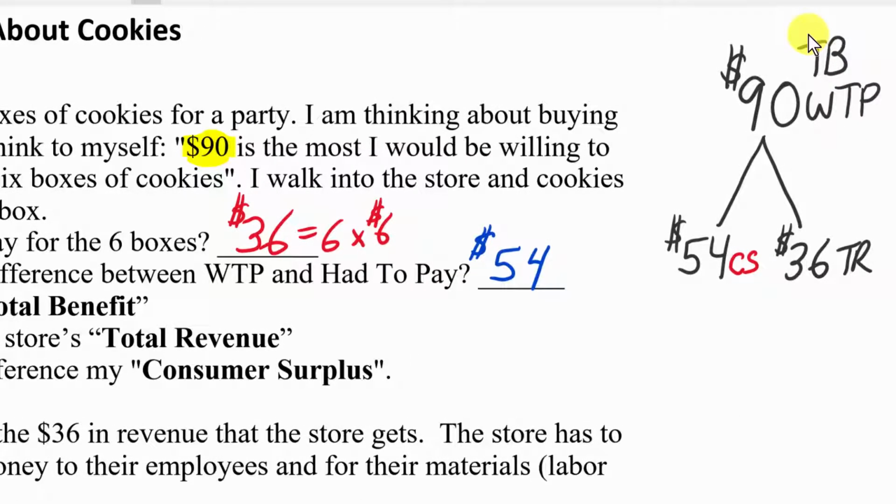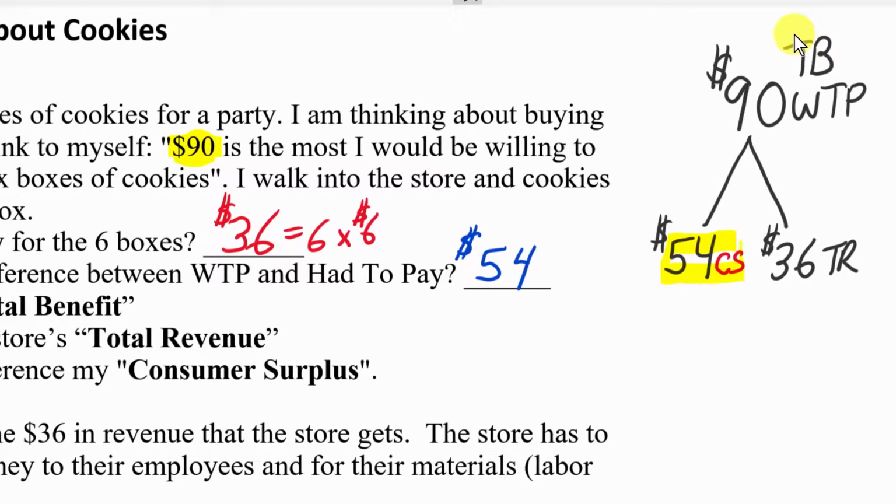And remember, that consumer surplus, all it means is the difference between what I was willing to pay and what I had to pay. It's important because if it goes up, if that amount in consumer surplus were to go up for some reason, it means that I'm happier somehow. There's only 2 ways for consumer surplus to go up. One way would be for the amount I had to pay to go down, right?